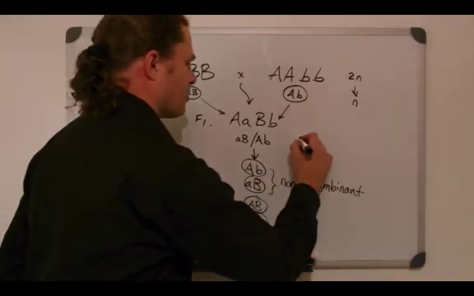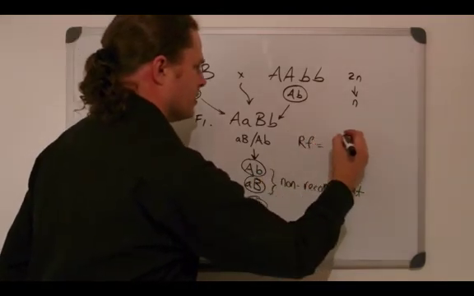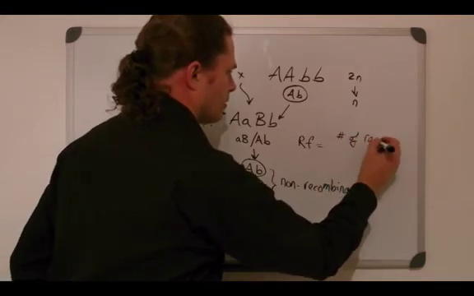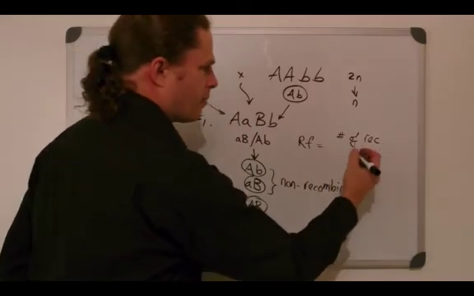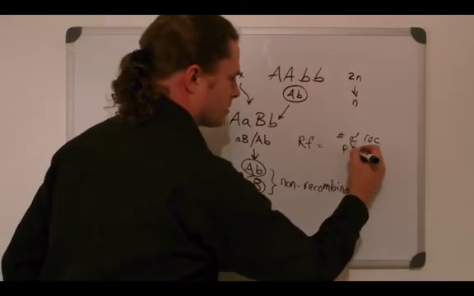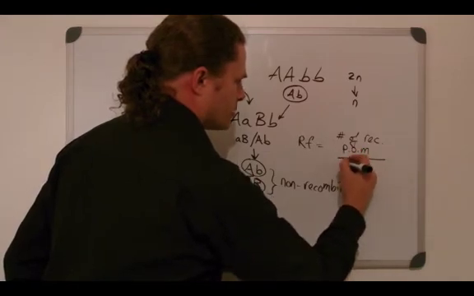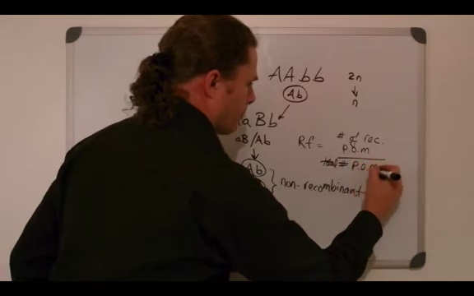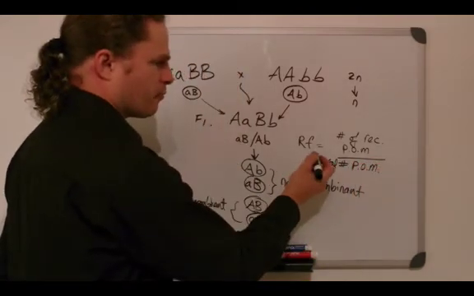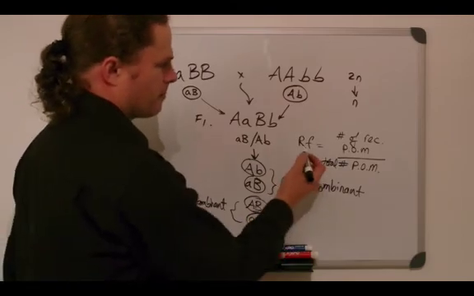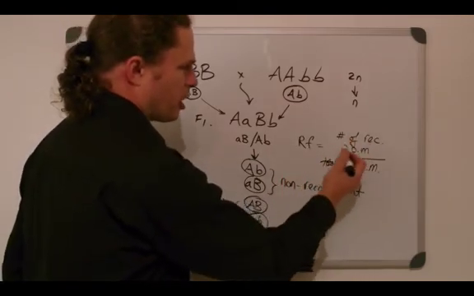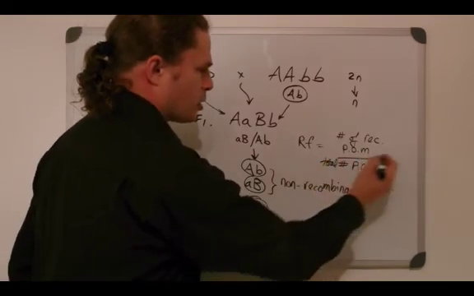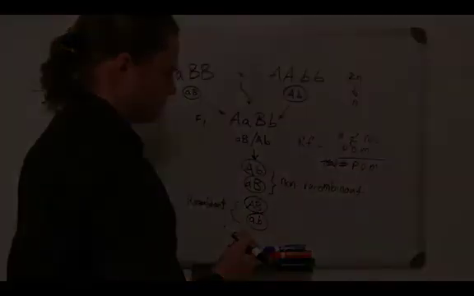We can actually define recombination frequency as simply the proportion, the number of recombinant gametes or products of meiosis out of the total products of meiosis. So the frequency of recombinants is simply the total number of recombinant products of meiosis, haploid outputs, out of the total products of meiosis.